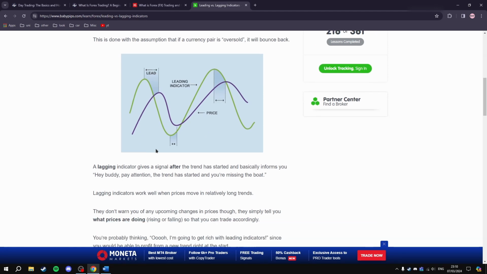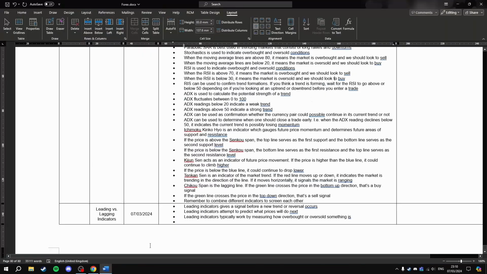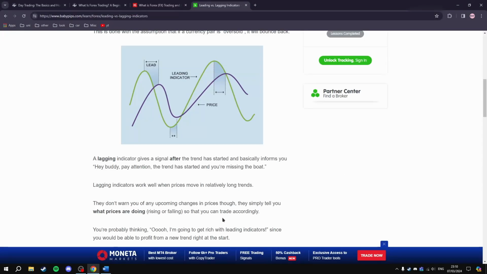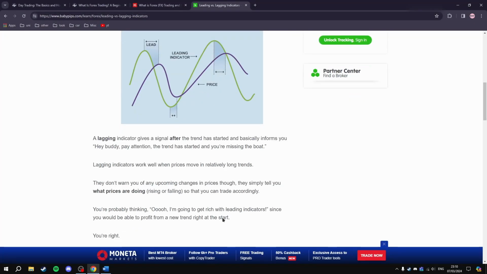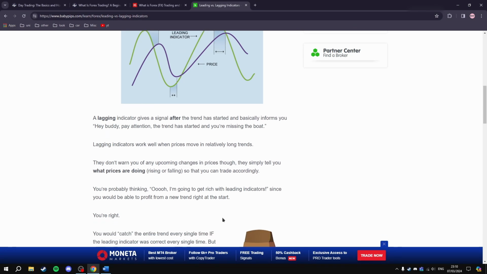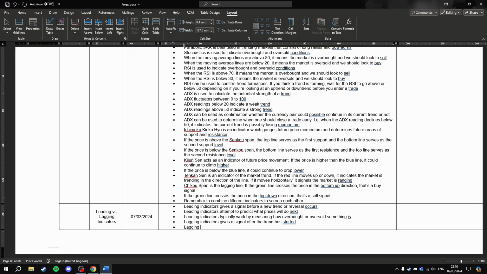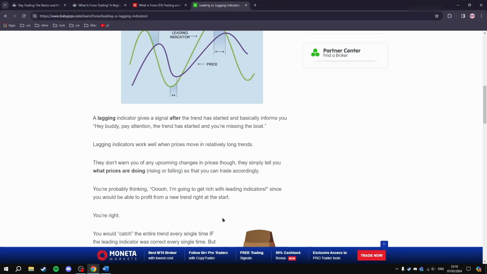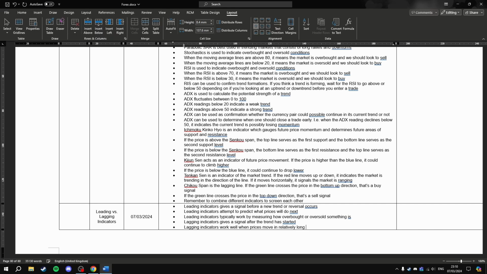I don't know. A lagging indicator gives a signal after the trend has started. Lagging indicators work well when prices move in relatively long trends.